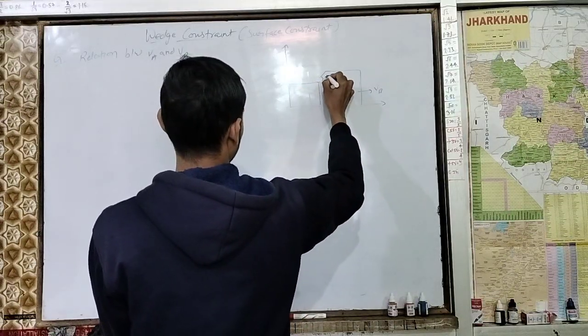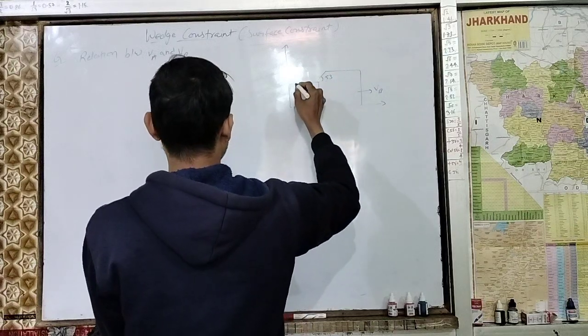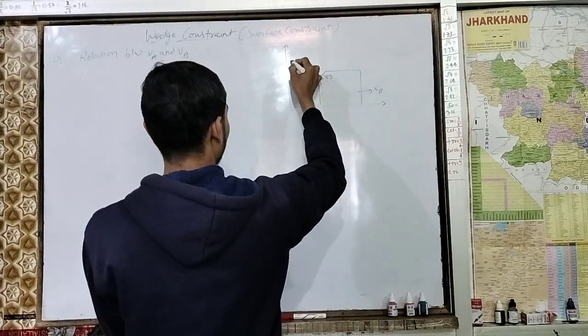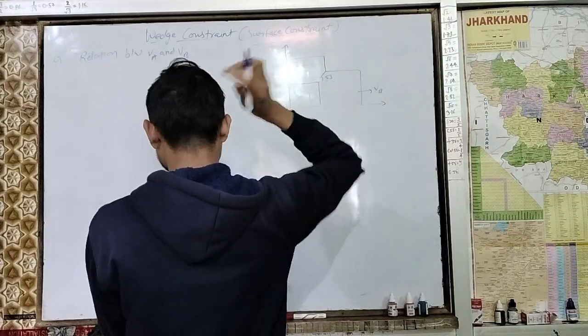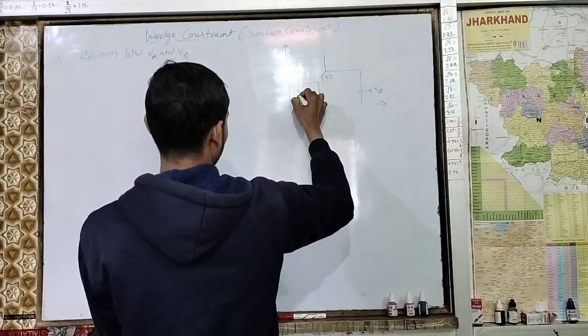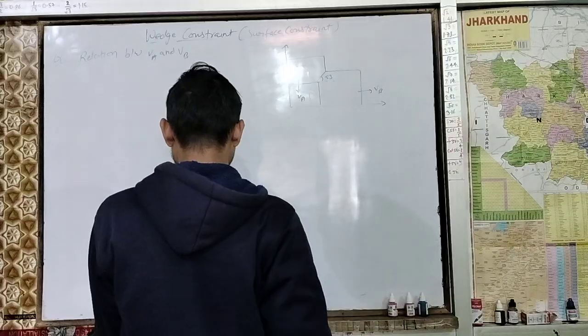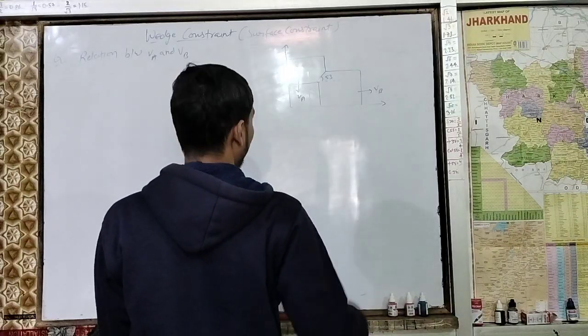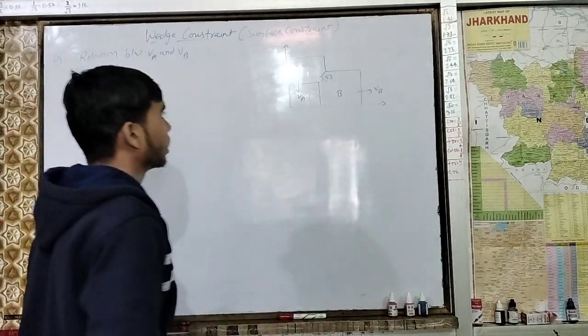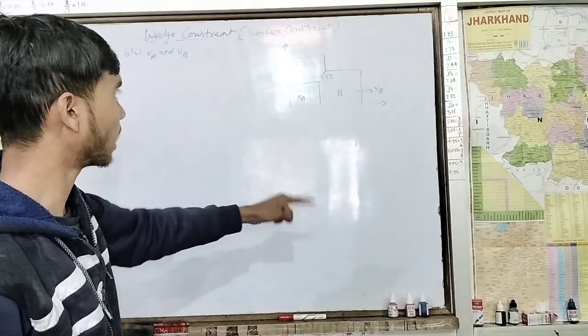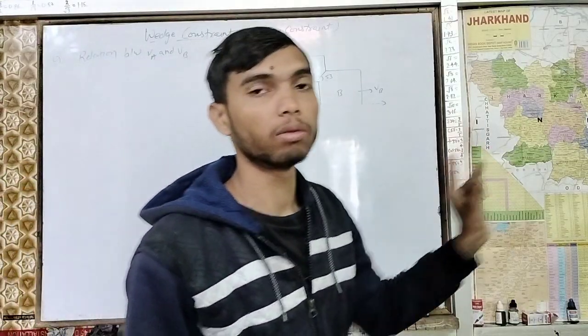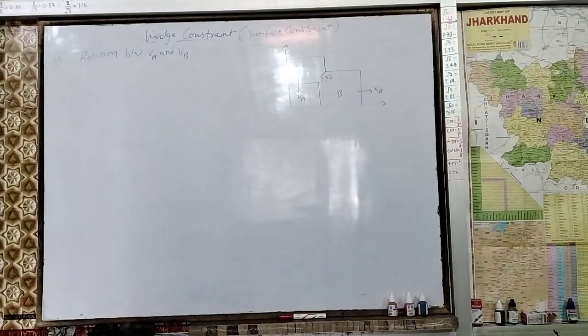The angle is 53. The A block is moving downward with VA. So we have two blocks, VA and VB. The A block is coming downward and the VB block is going forward. In this case, what will be the relation between them?